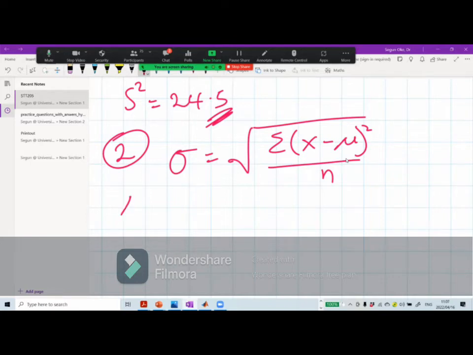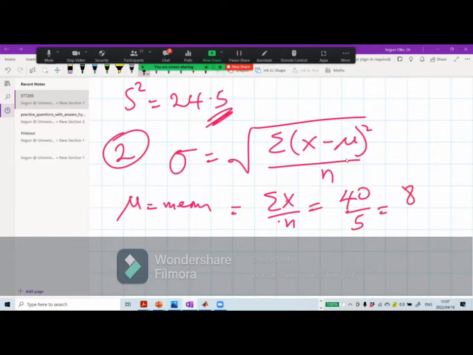Now, how do you calculate the mean? It is the summation of X divided by N. So how do we solve it? We know it's 40 divided by 5, right? Yes, sir. Which is equal to 8.